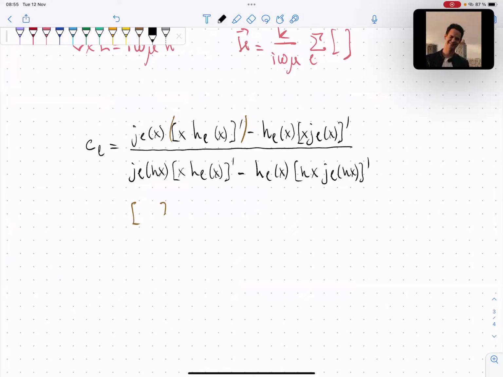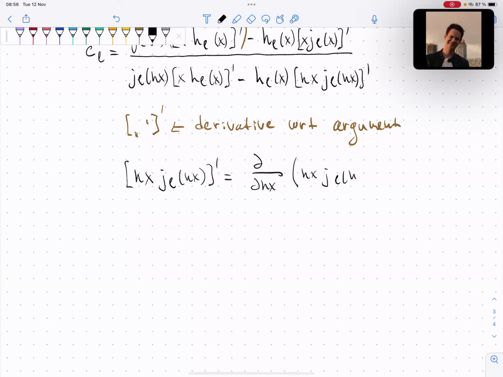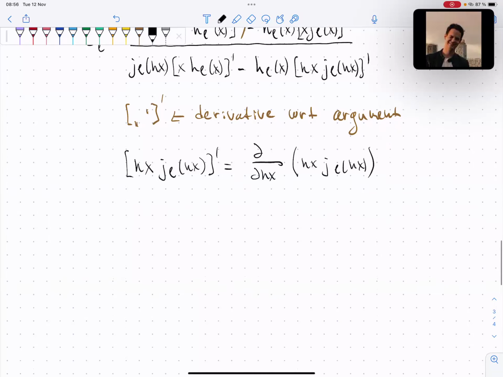Okay, so this expression with square brackets means the derivative with respect to the argument. For example, [nx j_l of nx] prime equals d over d(nx) of nx j_l of nx.